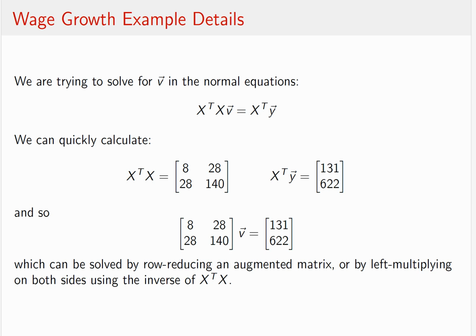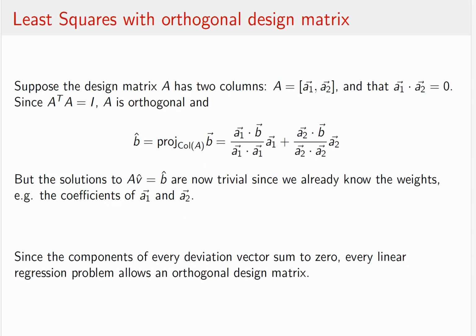All right. And again, some more details. This is making the point that we are doing an orthogonal projection. And it is interesting that every linear regression problem allows an orthogonal design matrix. Why?